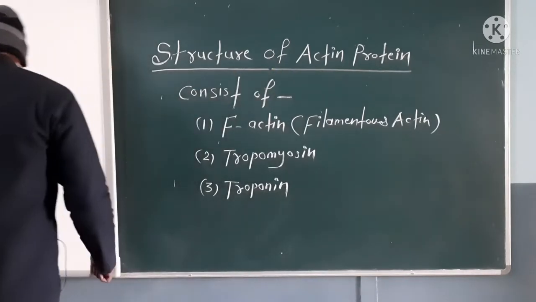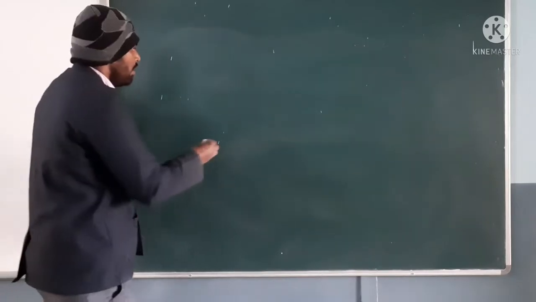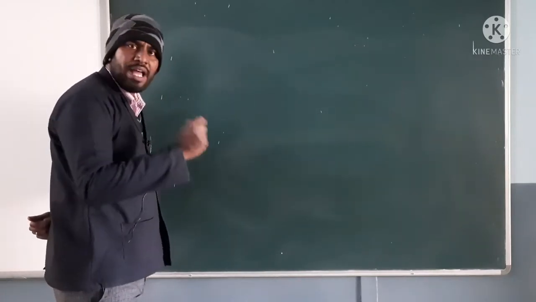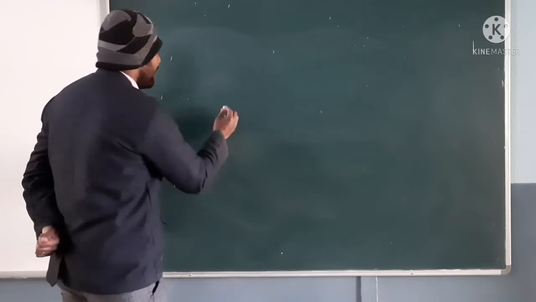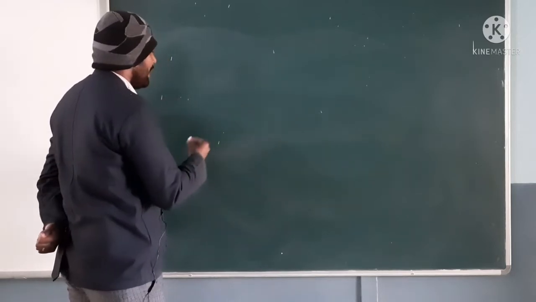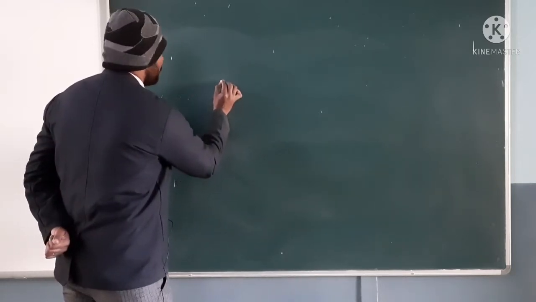Okay, let's see the structure. The two chains of F-actin filaments wind helically together. So first of all, I'm drawing here.